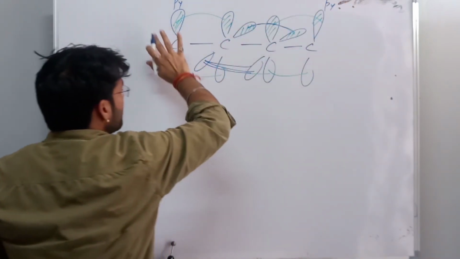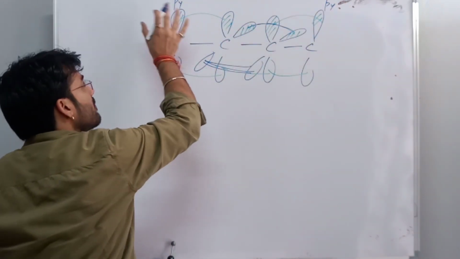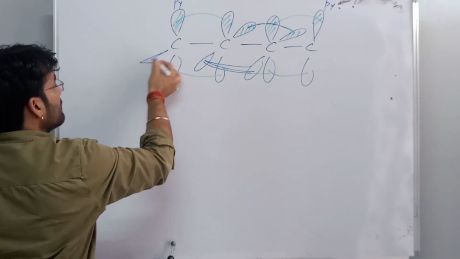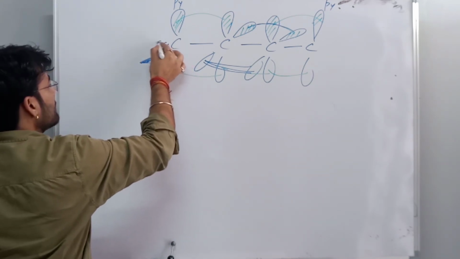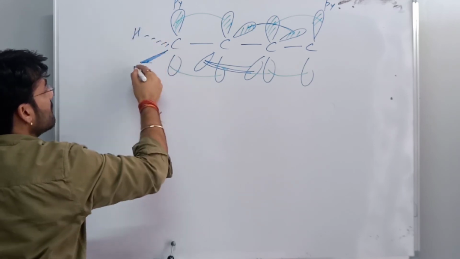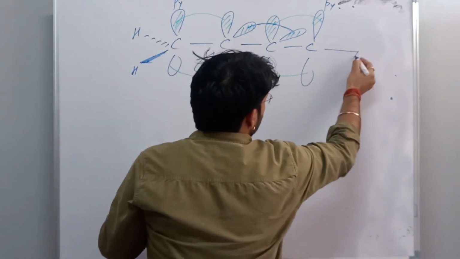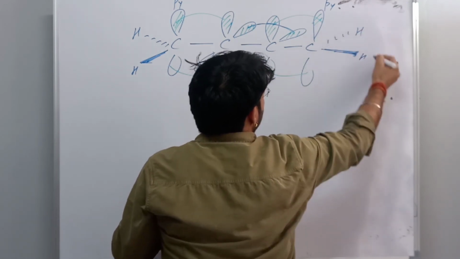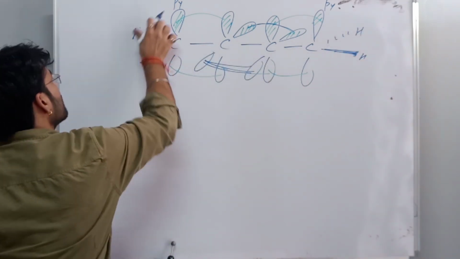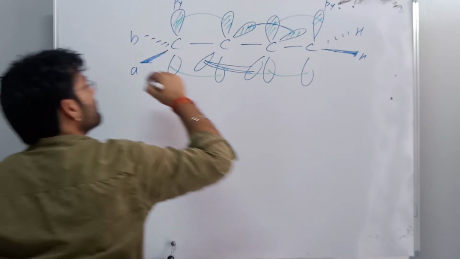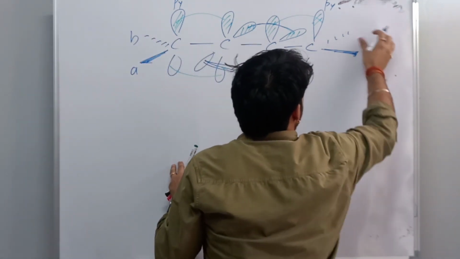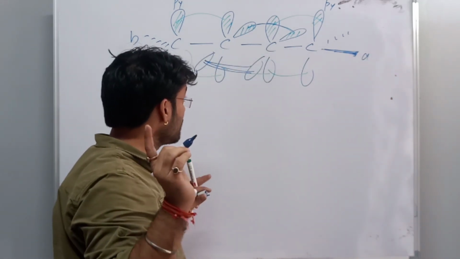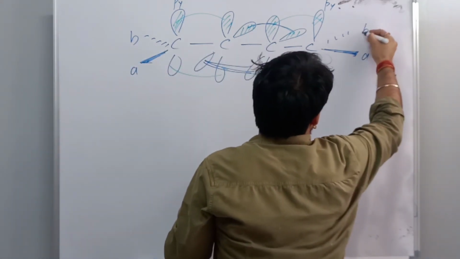This means that the pi orbitals formed by the terminal carbons are the same. It means that the sigma bonds of both terminal carbons will come in the same plane. So whether the substituents are same or not, a plane of symmetry will exist if the number of cumulated double bonds is odd.